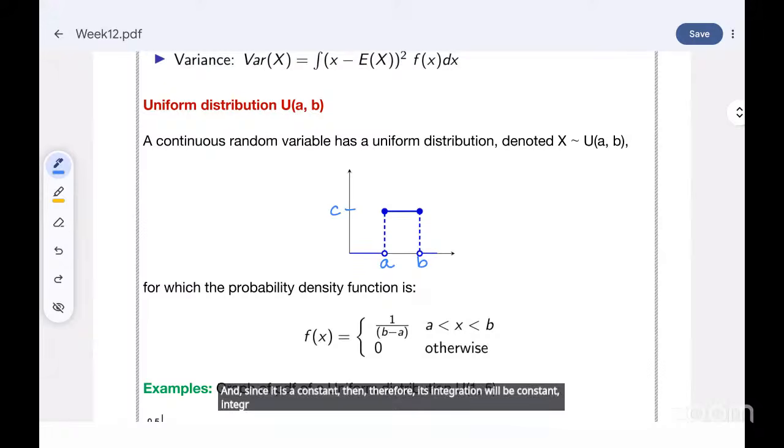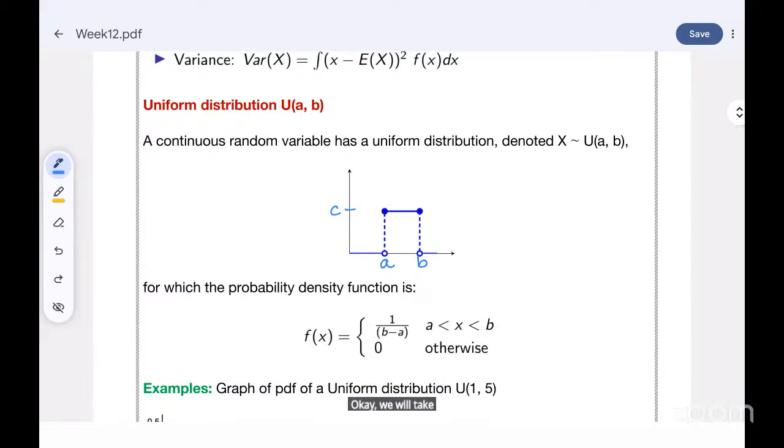Integration from A to B, limit will be A to B, of f of x dx. f of x is a constant, therefore k we will take common, and its value will be x with limits from A to B. If we determine its integration, it will be B minus a.